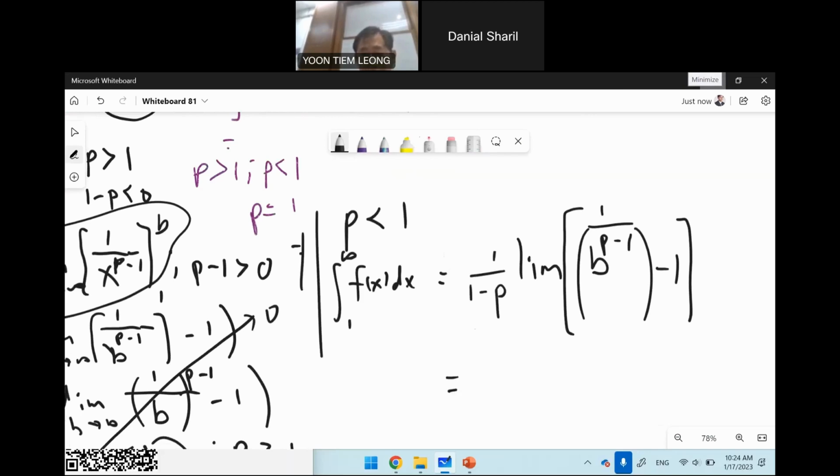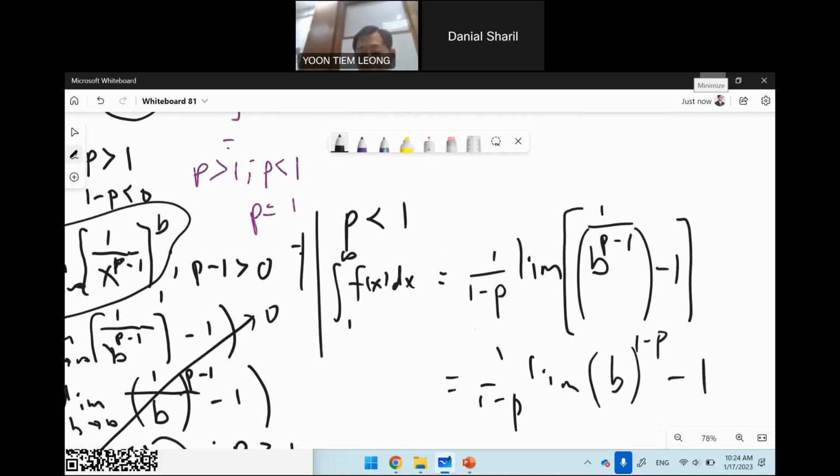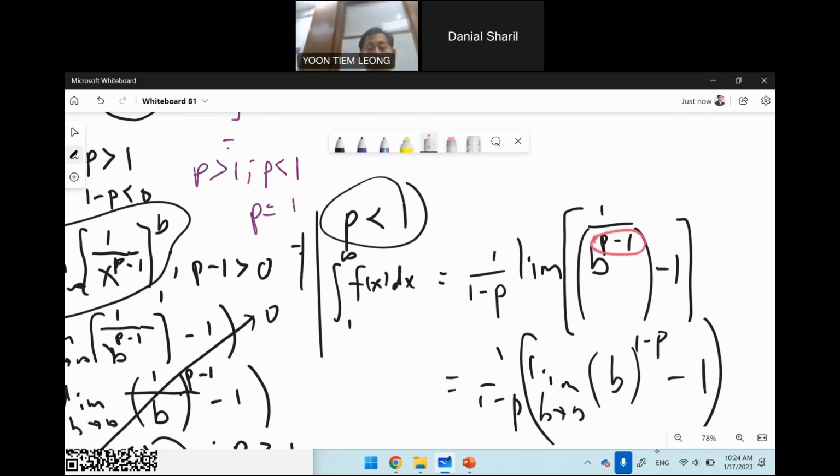Then here, P minus 1 is less than 1. That means it's negative, right? So it means this will become negative. So basically, you just look at the sign of P minus 1.